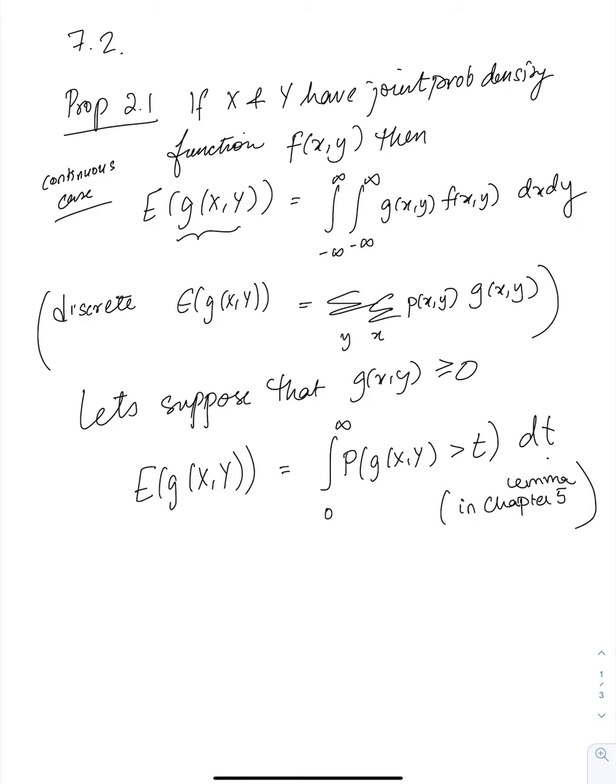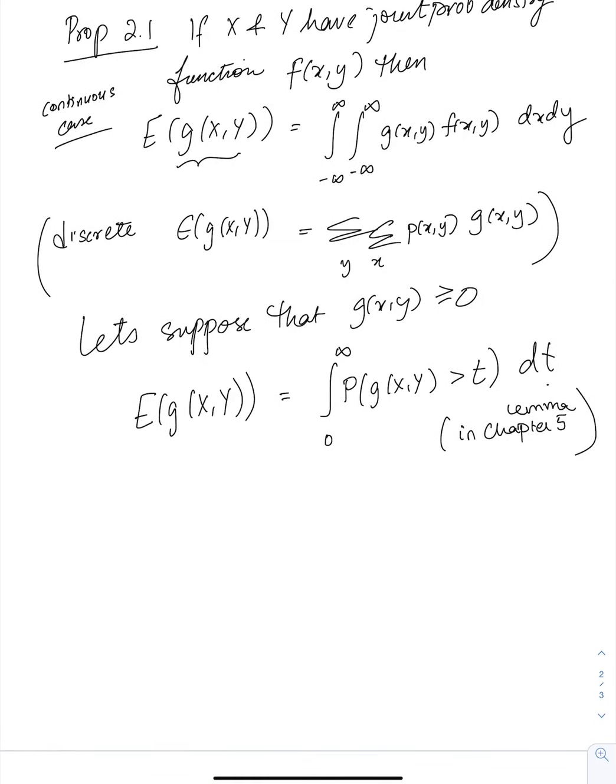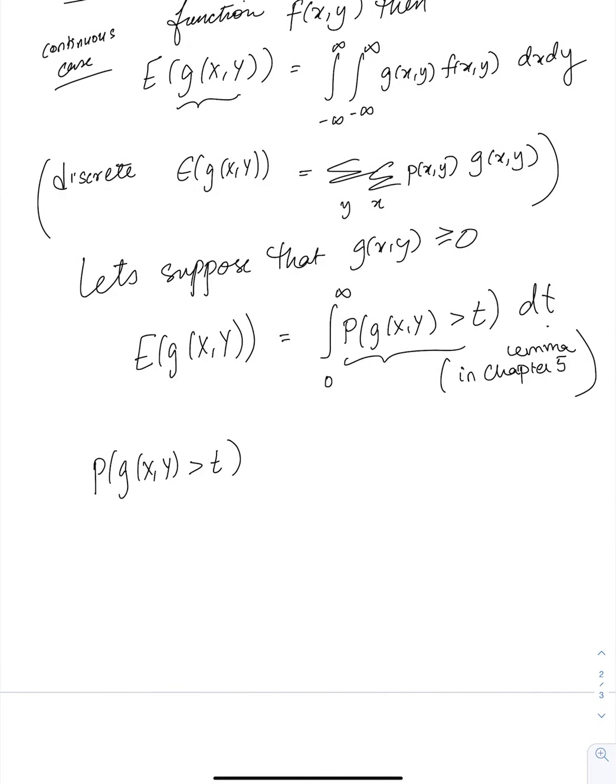All right, and we're going to use this. Okay, so we're proving this proposition in the case of g of x,y being positive. Now let's take a look at this inside: the probability of g of x,y being bigger than t. Well, what you need to look at is the region in the plane where g of x,y is bigger than t, and integrate the joint density of x and y over that region.